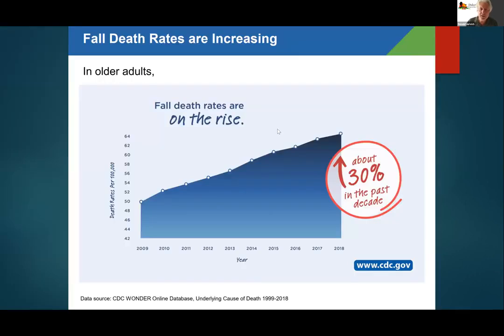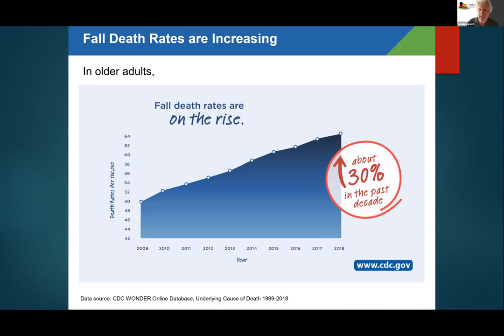Consistent with that concept, we know that fall rates and fall death rates are increasing. We've had 30% in the past decade. Actually, it's been 150% over the last couple of decades, where the death rates from falls have increased. And this is despite some health interventions that we've had, such as the CDC STEADY program, Stepping On, which is a community-based program.